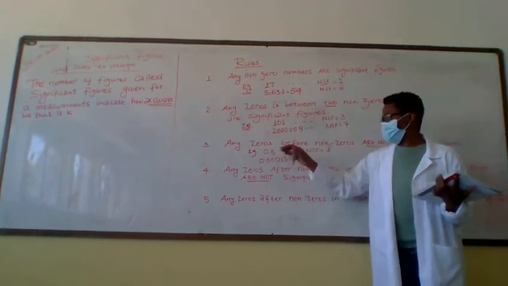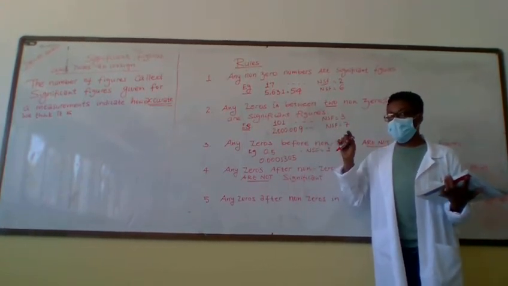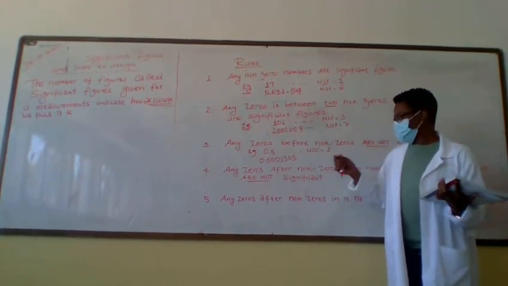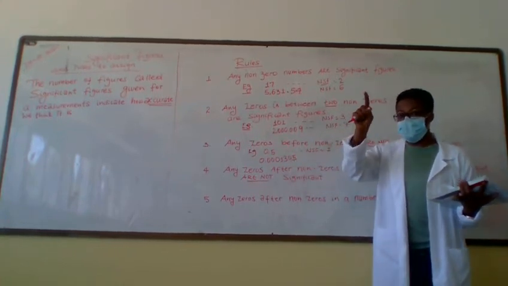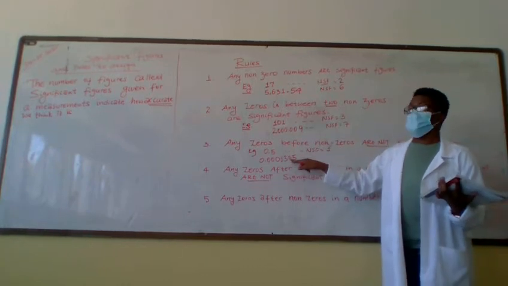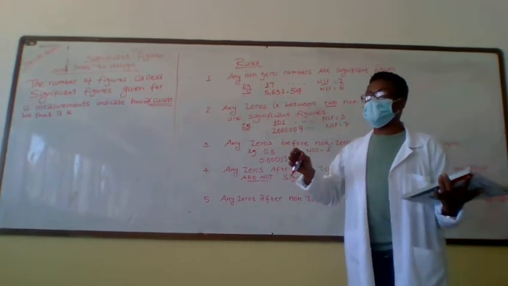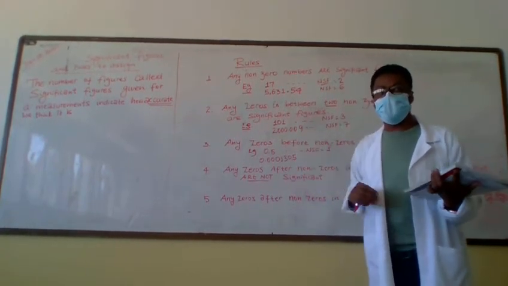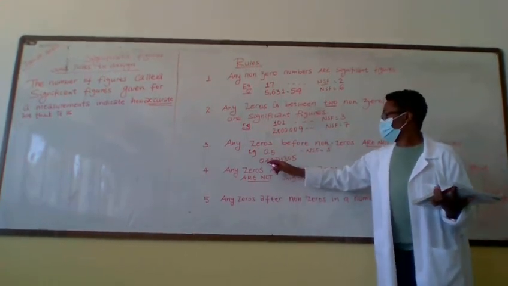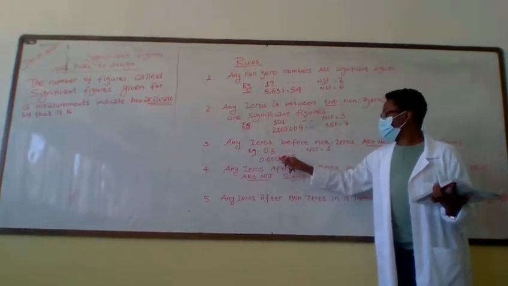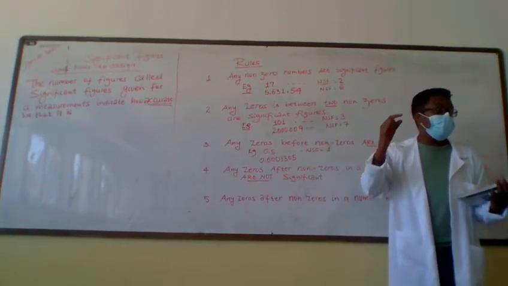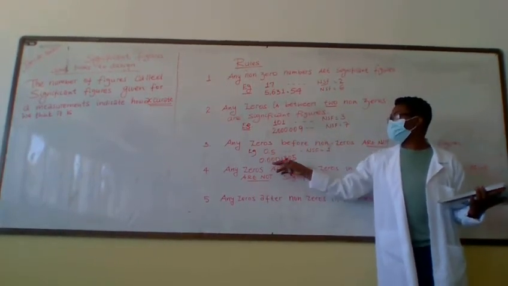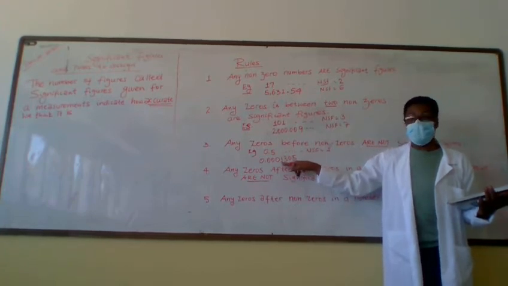If you know this one, you can answer this one, but take care. These zeros are not considered. This one is considered because it's in between. If you're not confused with this, then I think you passed most of the test. So we have 1, 2, 3, 4 zeros, which are not significant because they come before a non-zero number.